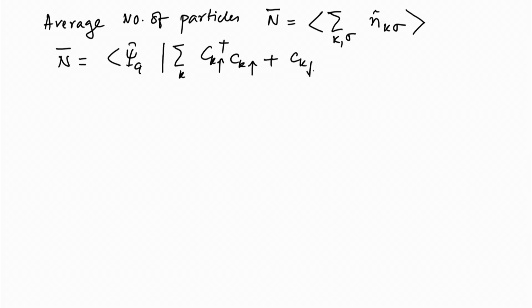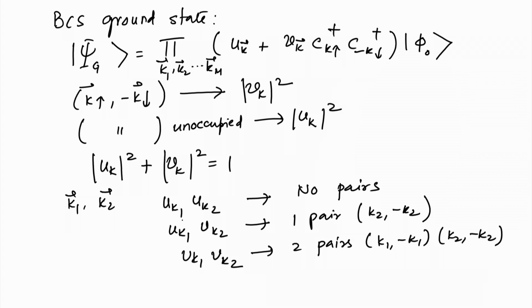So, c k down dagger c k down, and this expectation has to be taken between the ground state that we have written here.